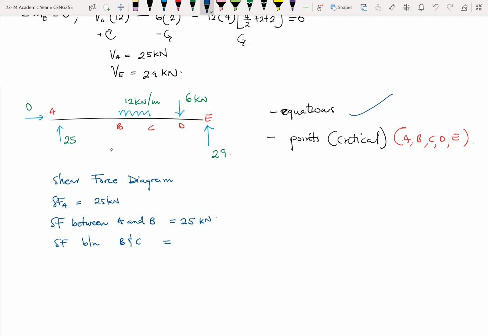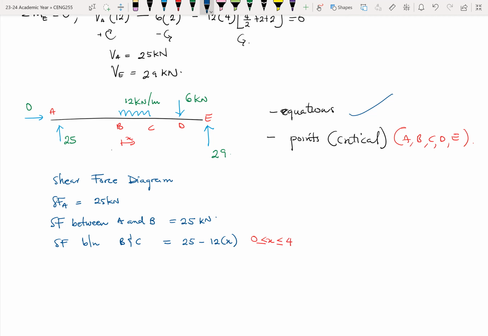I can say that the shear force is 25 minus 12 times X, where X starts from B. So X varies from 0 to 4.